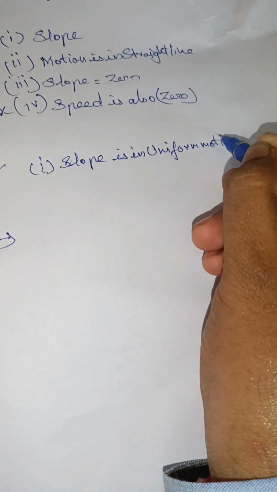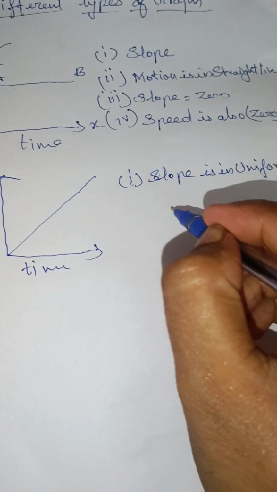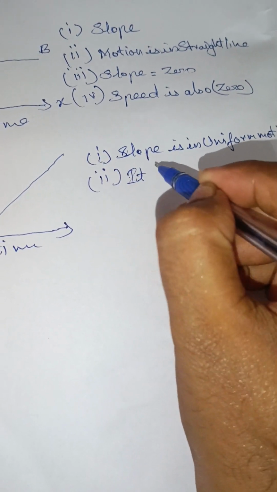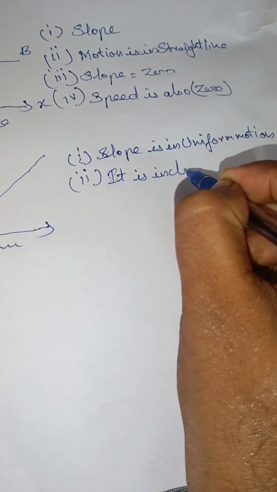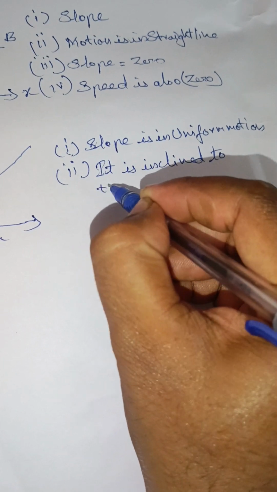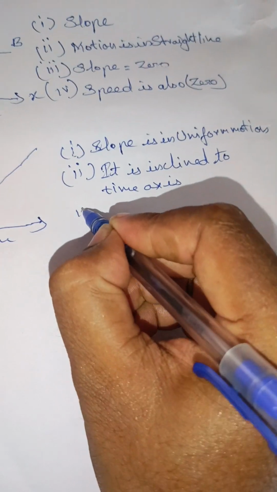If it is a uniform motion, you can understand that the line is inclined to the time axis. Point number 2, it is inclined a little bit to the time axis.